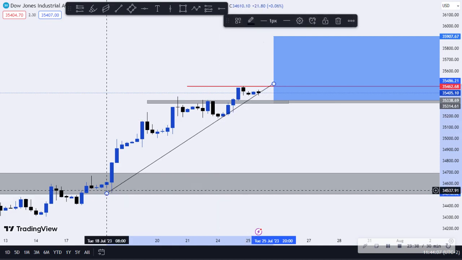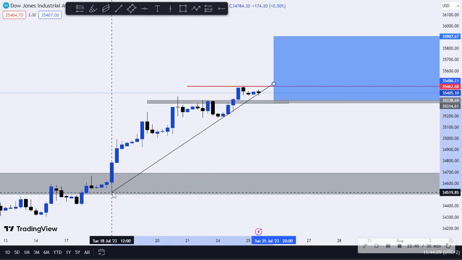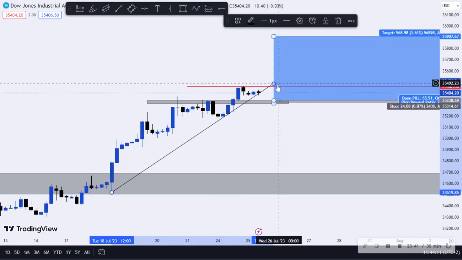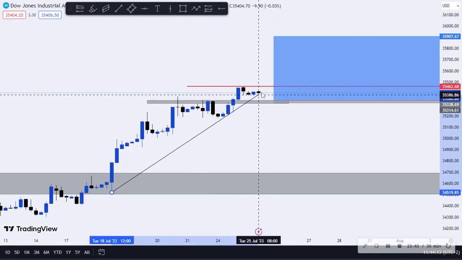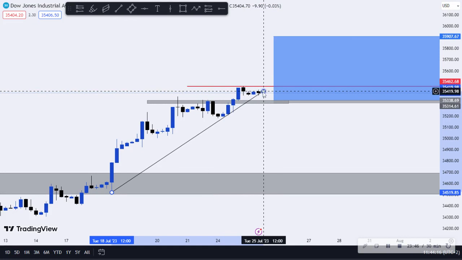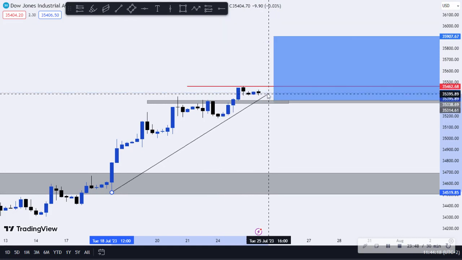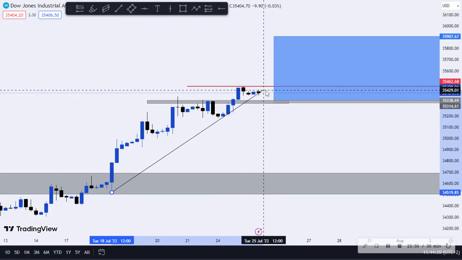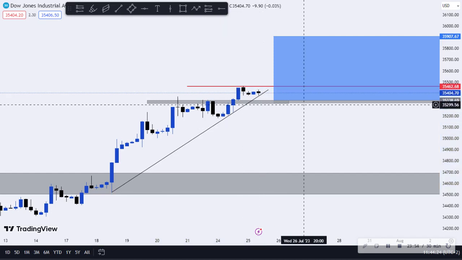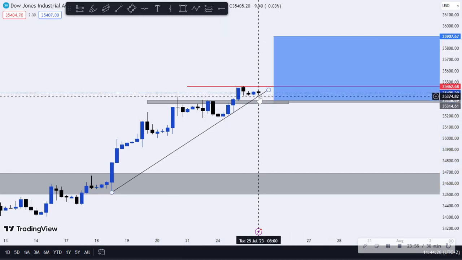If I make it touch, you will see that where we are right now is where the market has respected. Now as you can see, the market just touched this trend line, and then started going up.